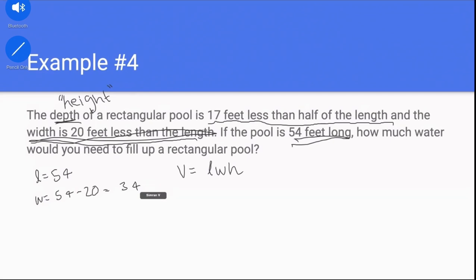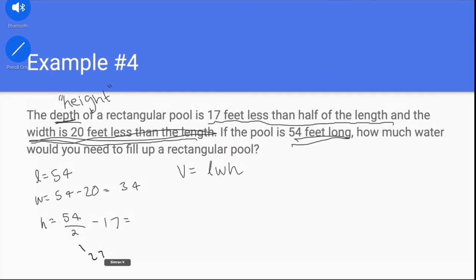And now you're going to do the same with the height. So 17 feet less than half the length. So it's going to be 54 divided by 2 minus 17. And, okay, so we're going to get from that 27 minus 17.